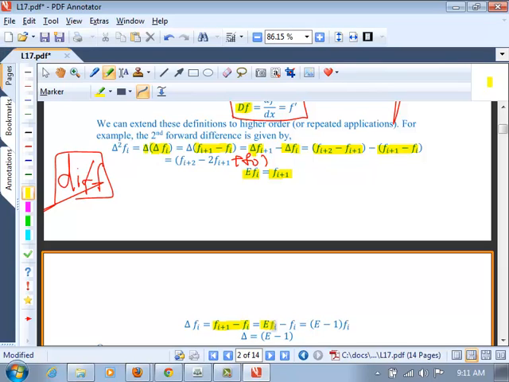So fi is the common thing, so I can take this out and write it as E minus 1 operated on fi. Okay? So what this tells me is that when I have some operator delta operating on some variable fi, I will get the same result as if I operate E minus 1 on the same value. Okay? So these two operators are equivalent.